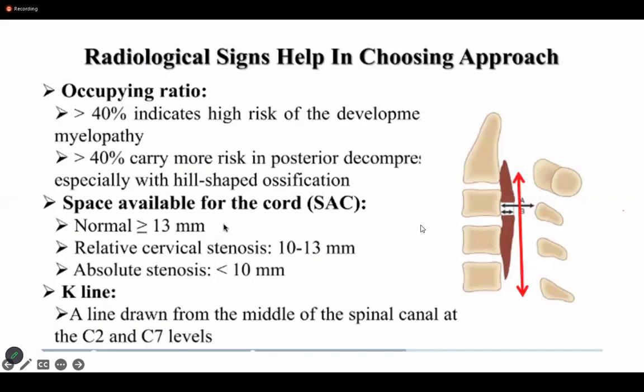It's normal when more than 14 millimeters. From 10 to 14 millimeters is cervical stenosis, but it's not sure. But it's stenosis when under 10 millimeters. And the K-line is as said before.